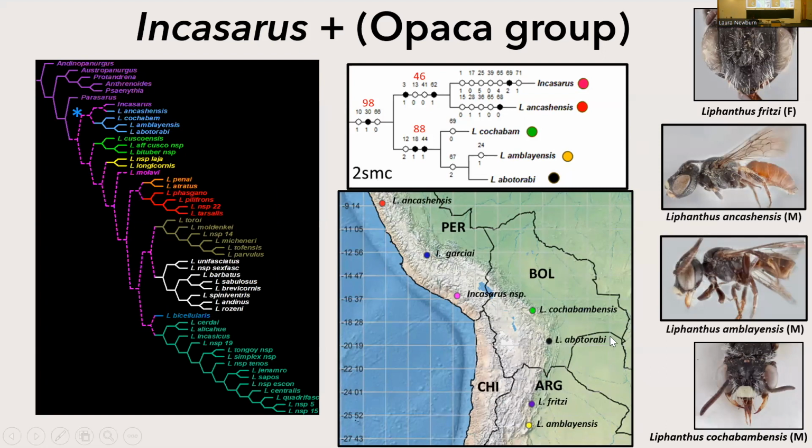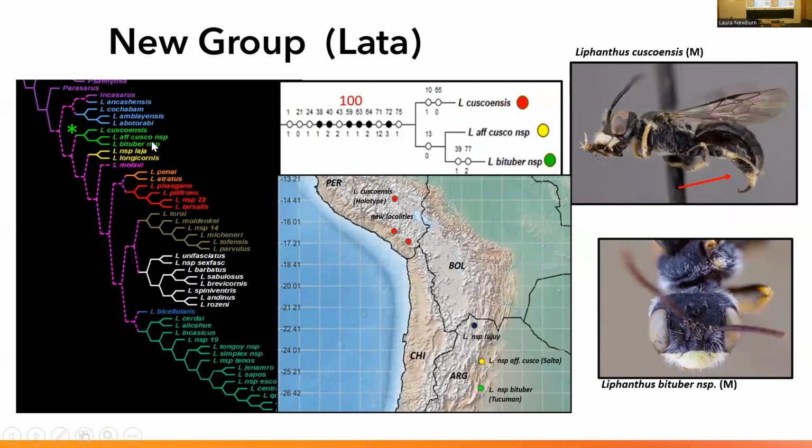Now, another group that I wanted to talk a little bit about is this one here in green. Because of the strong support of this group and the number of synapomorphies, it wouldn't be surprising if this group is a new genus, and it would be, in this case, the sister taxa to Liphanthus.